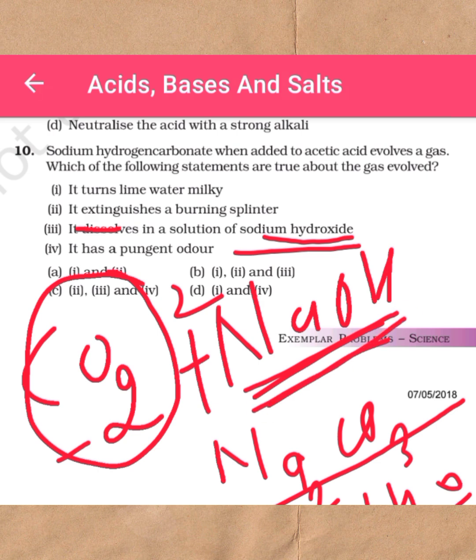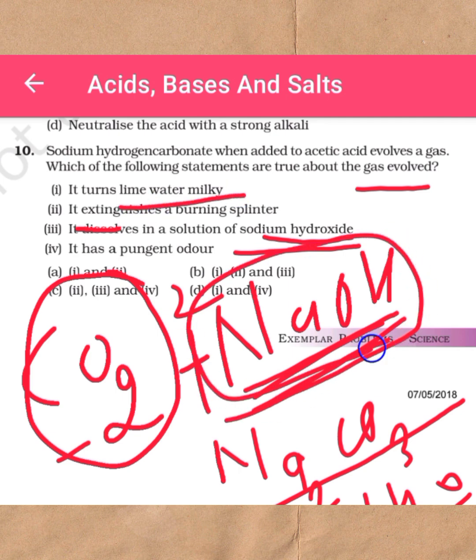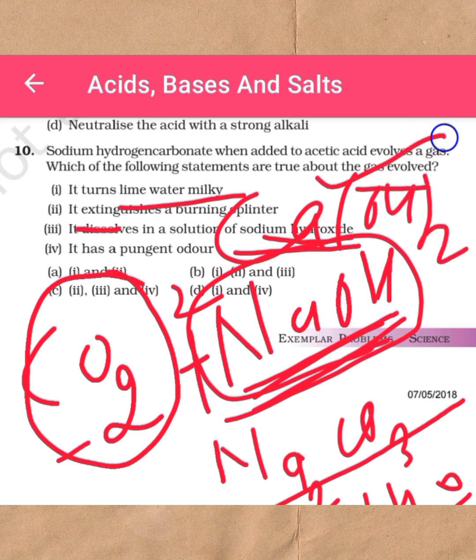Just like the gas evolved turns lime water milky. Lime water is also a base, that is slaked lime, that is Ca(OH)2. So this is also a base, this is also a base. So it can also dissolve in a solution of sodium hydroxide.